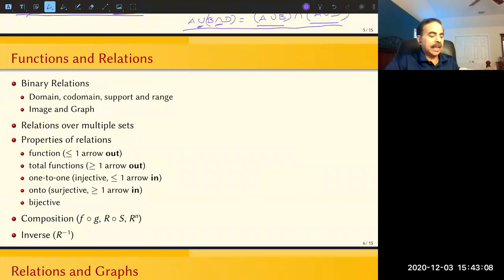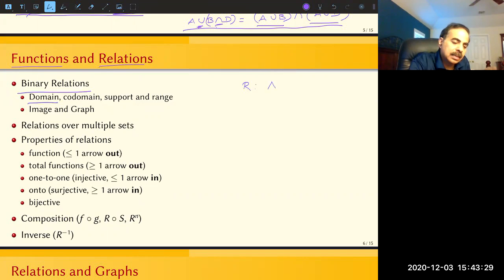So then the next topic we discussed is functions and relations. Functions are a special case of relations. So mostly we looked at relations first.